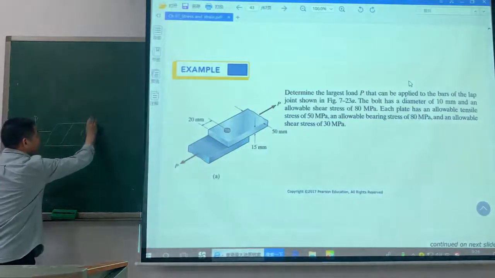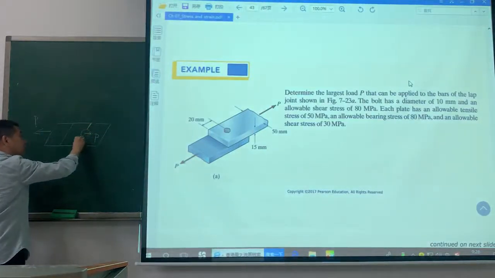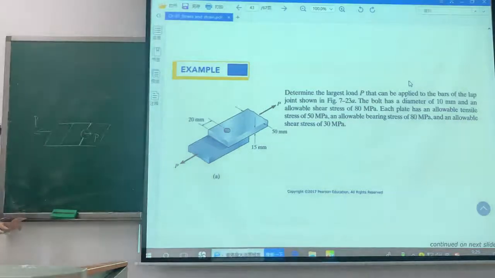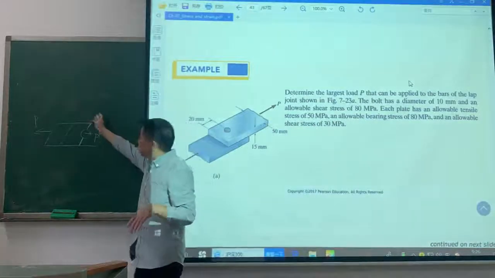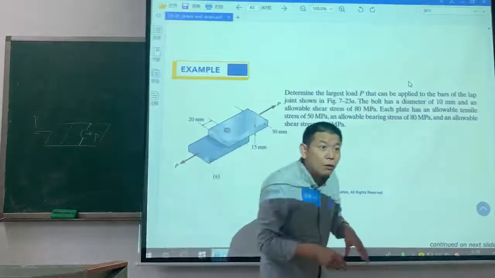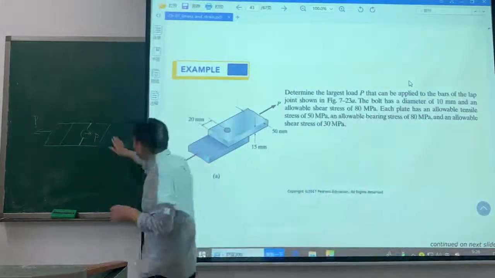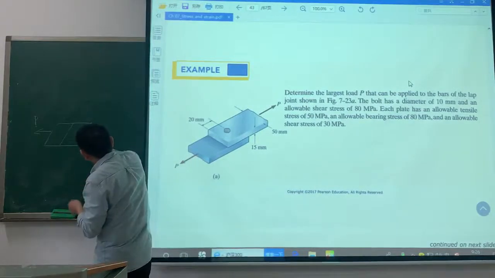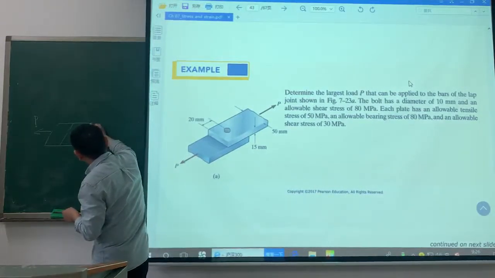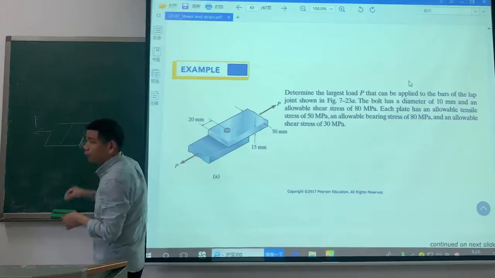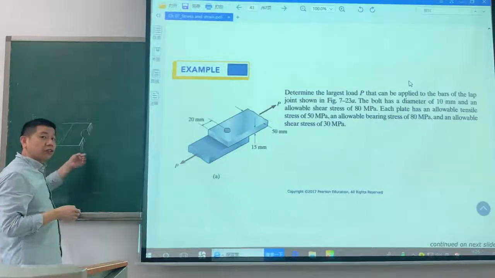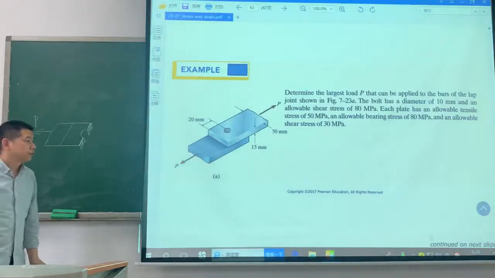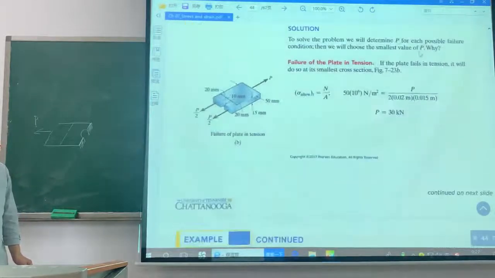So this is the most dangerous cross section, because the area of the cross section in this location is small. So it's a dangerous location.